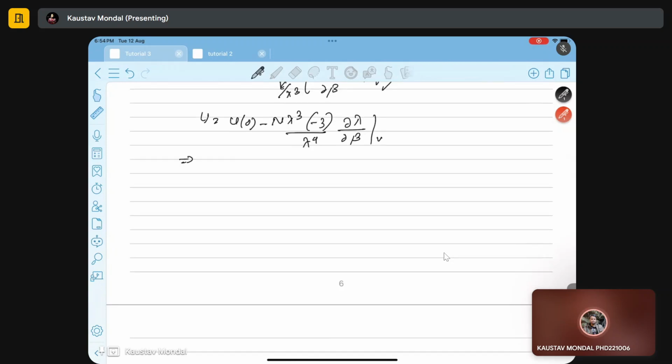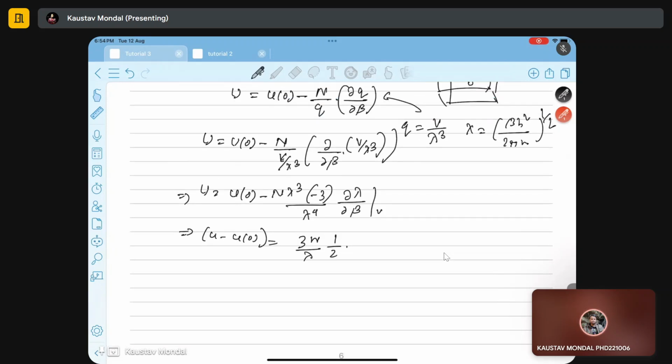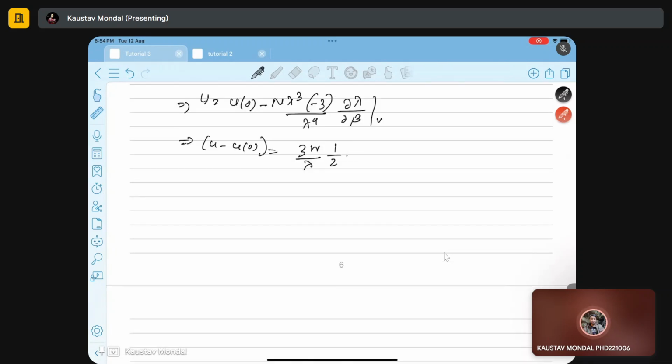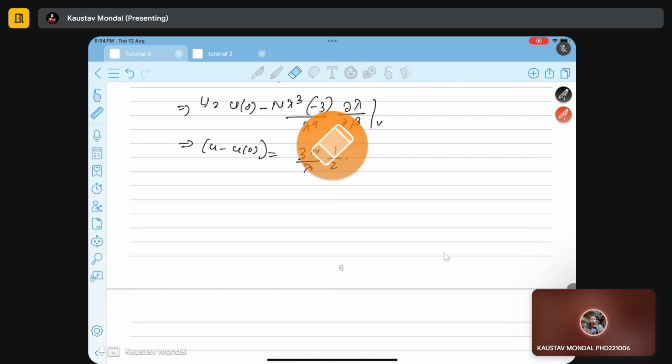Now from here we can write U minus U0 equal to 3 N by lambda times del lambda by del beta. In the lambda expression the beta is already there, so you can easily do the derivative. You do the derivative del lambda by del beta, then you get simply half of (beta h squared by 2 pi m) to the power half into 1 by beta.